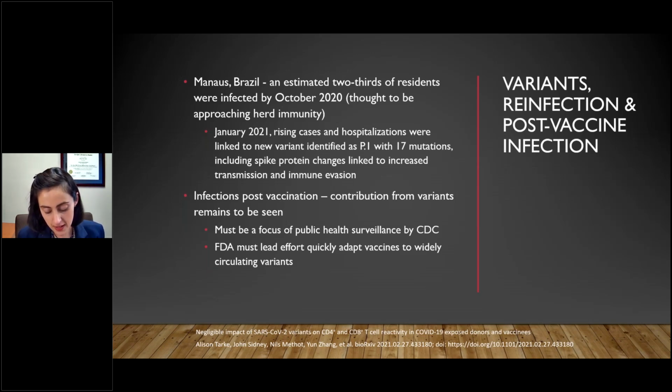We have seen on the clinical side of things infections occur after people are considered fully immunized. The good news is that this is an extremely small number compared to all of the people we've vaccinated so far in New York City. It's happening, but ultimately the percentage will be extremely small, in my opinion.